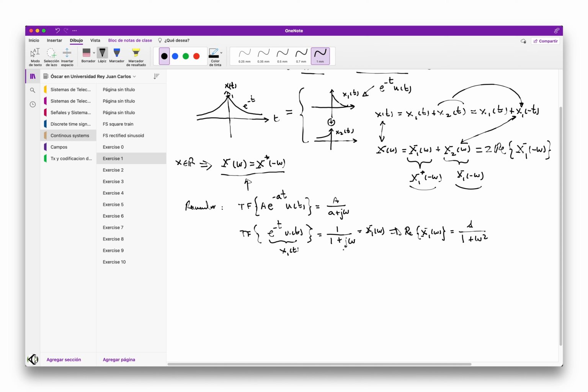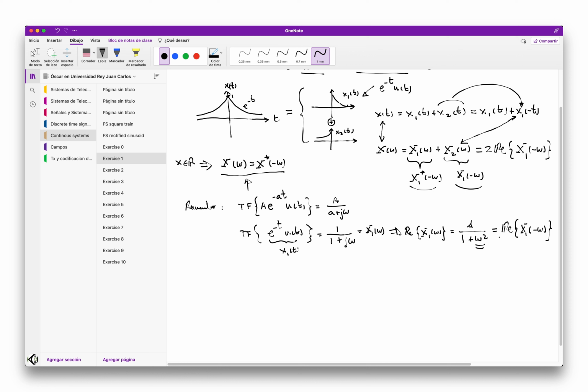I won't go into the details. You know how to calculate it. This is what you get, and what you can see is that, as omega is squared, this is a symmetric function, so this is exactly the same as the real part of X1 of omega. You can see that this is exactly the same.